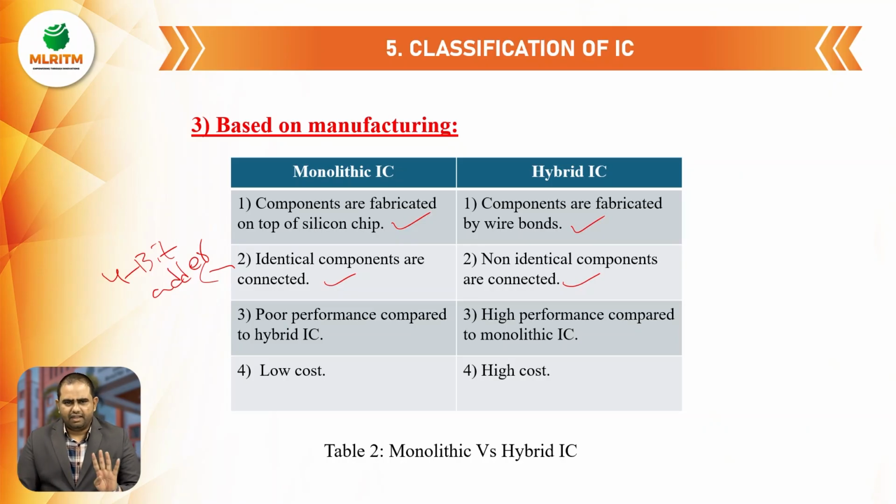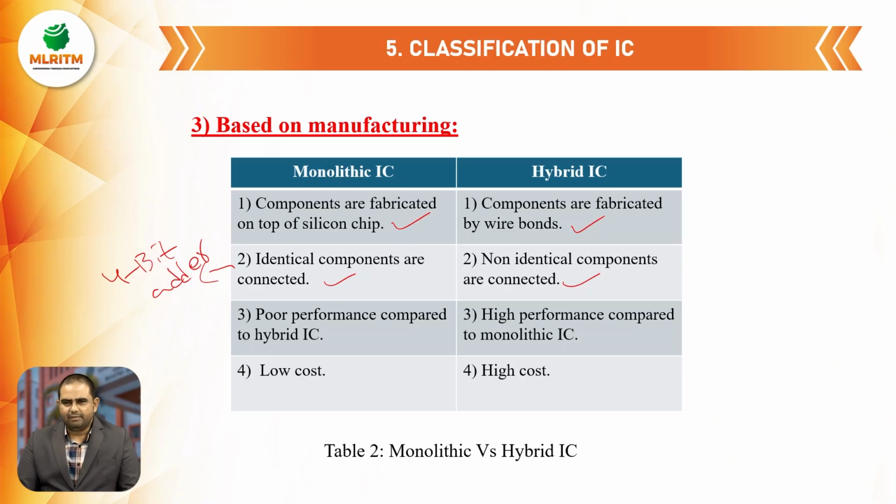If we connect 4 full adders, we call it a 4-bit full adder circuit or 4-bit adder circuit. So in this circuit, we are connecting 4 full adders only, the same components. That we can write as an example for monolithic IC.